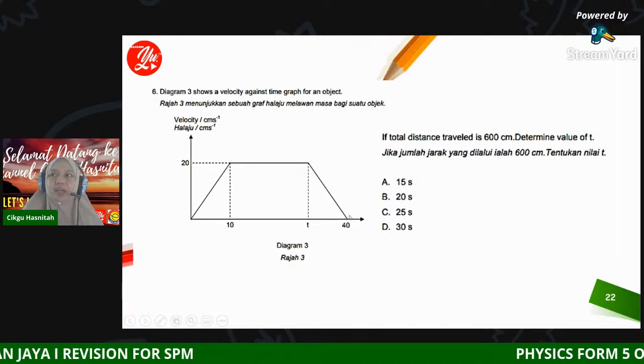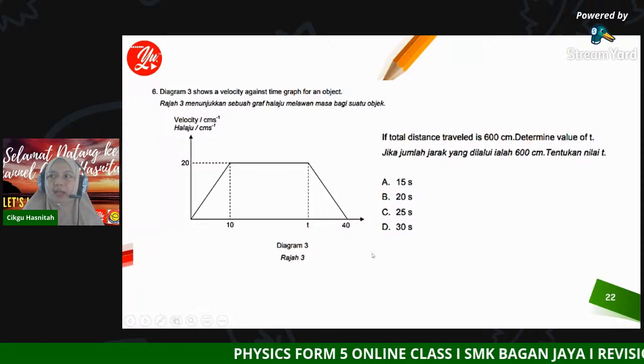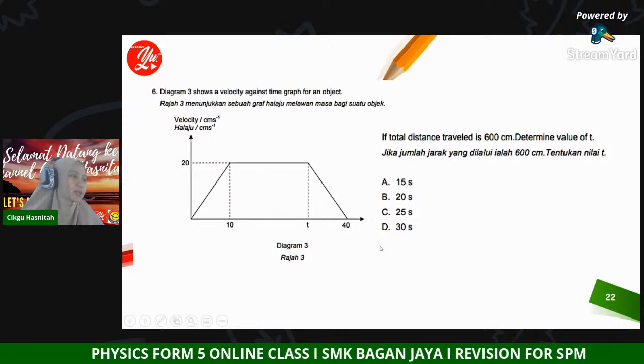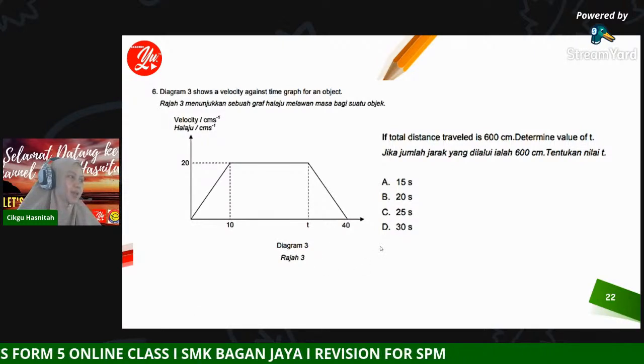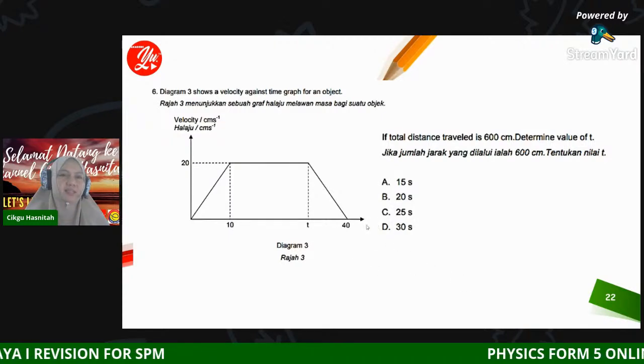By this, you can get the unknown value of t. If you calculate, t is equal to 30 seconds. 30 saat. T is 30 seconds.